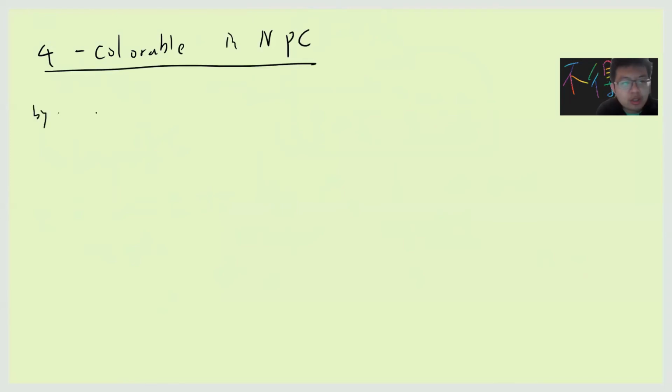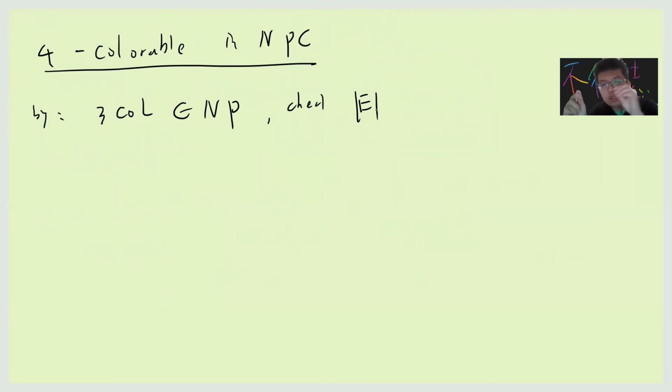Which is also very easy: that 4-colorable is NP-complete. By the way, it should be very easy to check that 3-colorable is in NP, because if somebody gives you a graph which is 3-colored, you can just check the edges. You check whether, for each edge, the adjacent vertices have different colors.